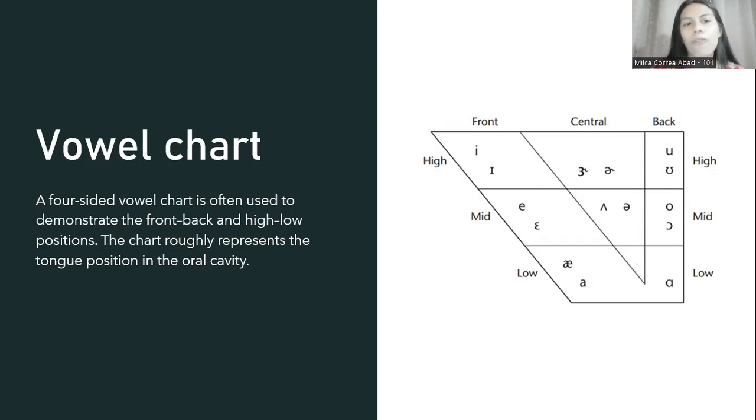A four-sided vowel chart is often used to demonstrate the front, back, and high-low positions. The chart represents the tongue position in the oral cavity, as I mentioned. To make it easy to understand, if we get a dictionary, maybe we can see the pronunciation of some words. Here the vowel sounds are separated.